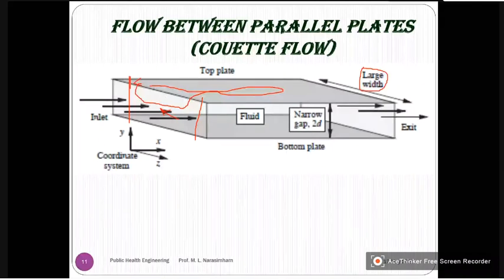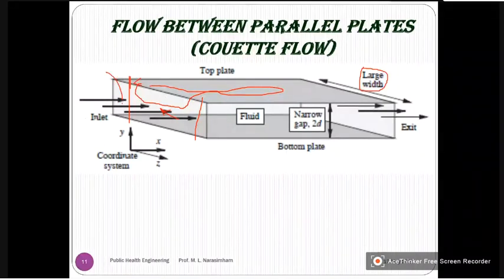But what happens at the ends is that there may be some cross flows. So that assumption of two-dimensional flow will be unrealistic at the ends. So we will only consider the flow in the middle part of the entire thing.